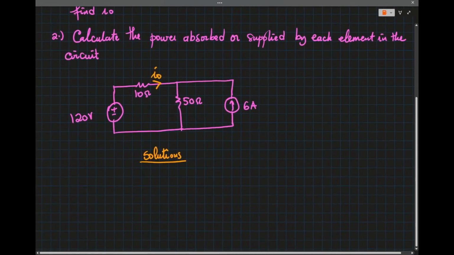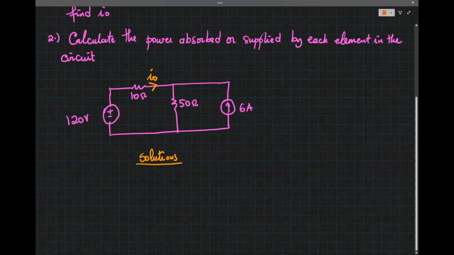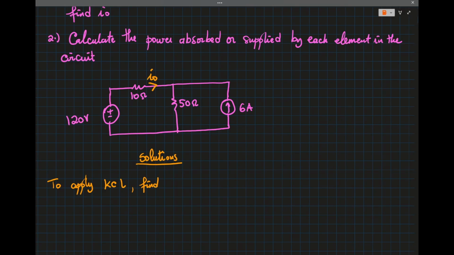Now, so to apply KCL, let's find and label the essential nodes.